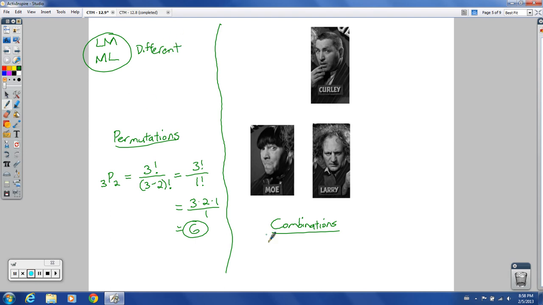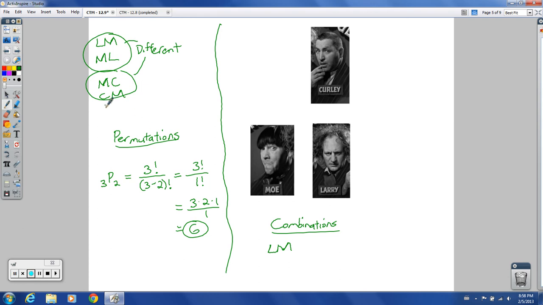But with a combination, this is the same combination. Moe and Larry is the same combination as Larry and Moe, so you would only count one of those. You could also go with Moe and Curly, or Curly and Moe. Again, with permutations, the order makes a difference.